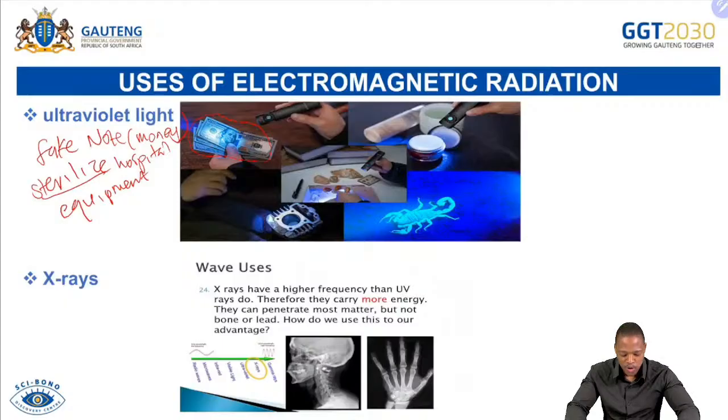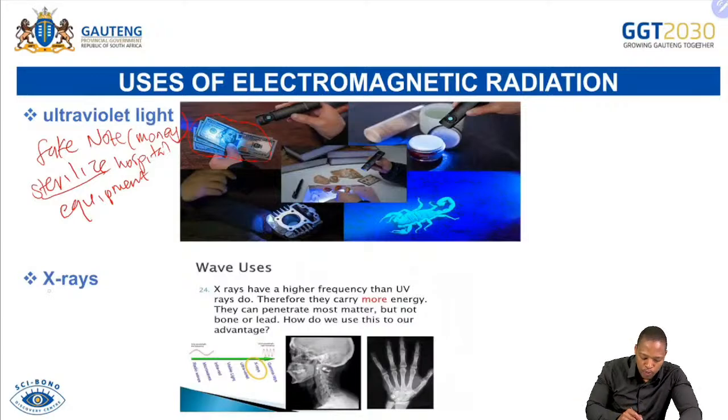I did not know that, but apparently there's a machine where they put their hands in and it uses ultraviolet light. I am still to confirm that, but this is what I got from my learners this previous week. So there are a lot of uses of ultraviolet light. It could be more than what I'm telling you right now.